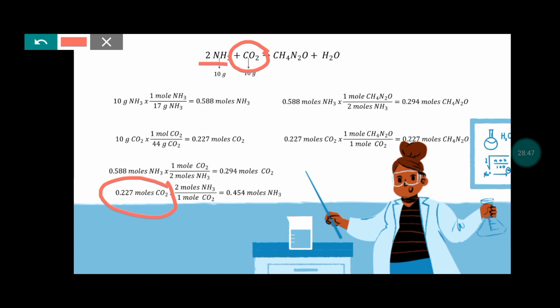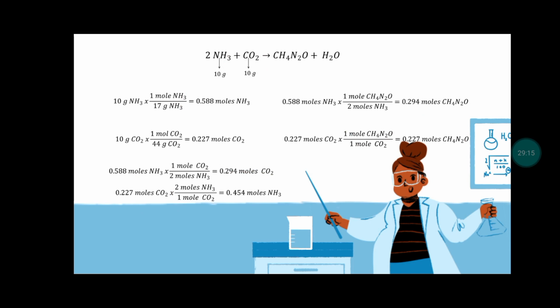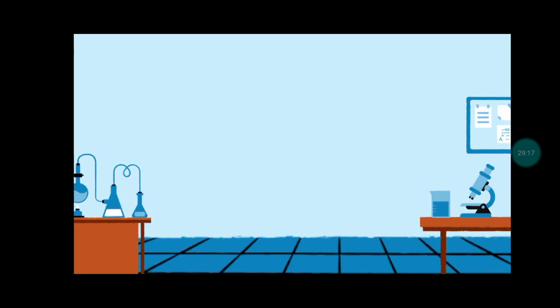So, makikita natin na ang mako-compute natin is 0.454 moles of ammonia, which we do have kasi 0.588 moles of ammonia ang given sa atin. So, possible yon. So, really, the limiting is our carbon dioxide. Okay, next.